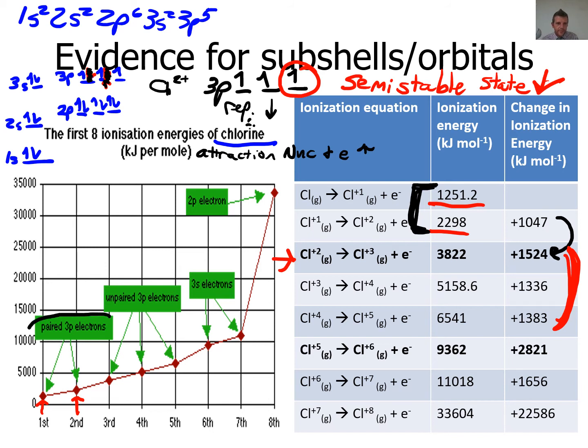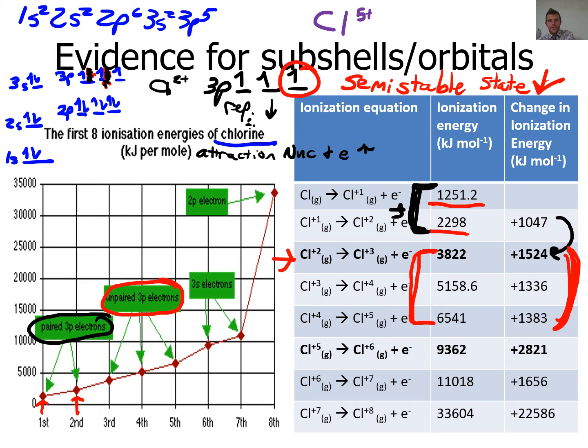So this corresponds to this here, and then my reds are going to correspond to these three. And then we get to the fifth ionization energy, which is going to essentially be, and I'm going to do this in purple color, we are going to have a Cl5+.